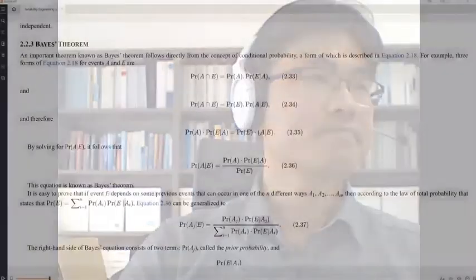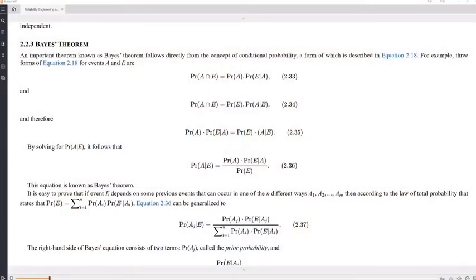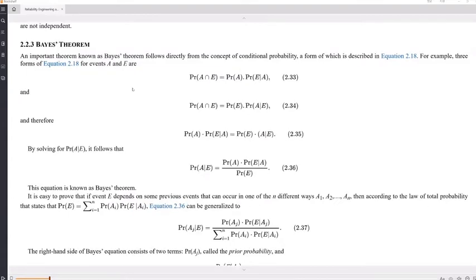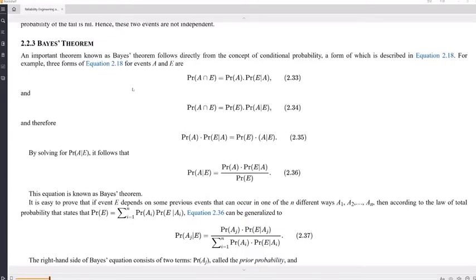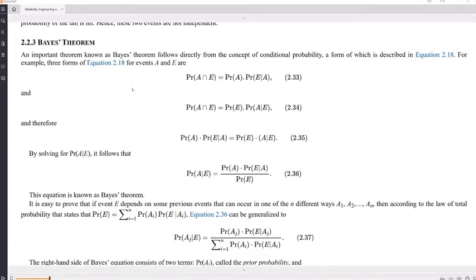So we are going to start from Bayes theorem. It is in section 2.2.3. So first of all, what is Bayes theorem?